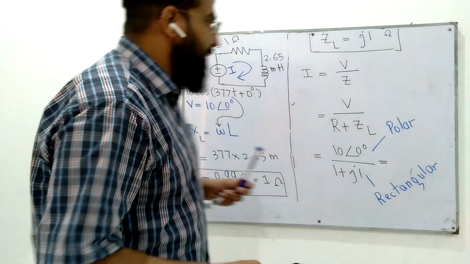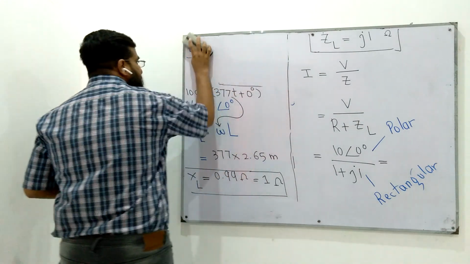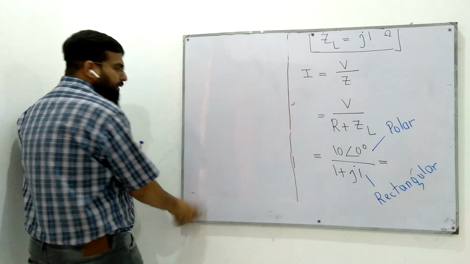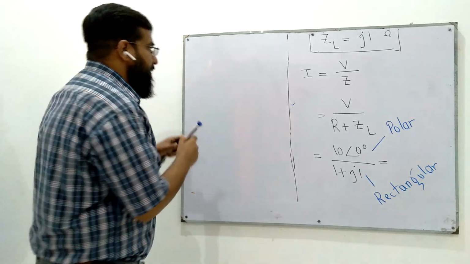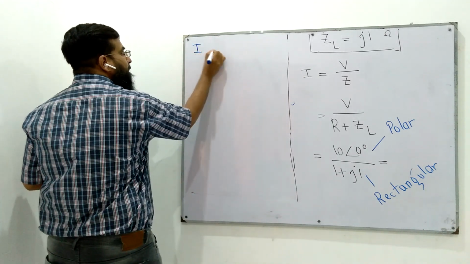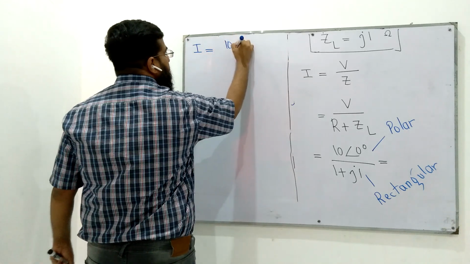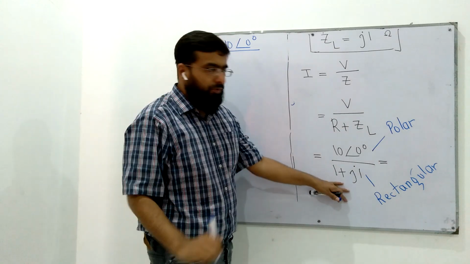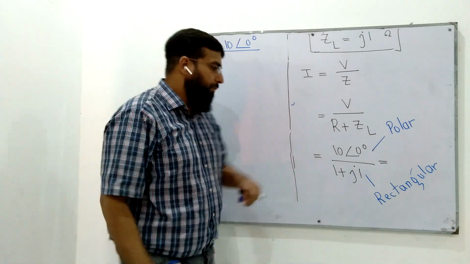We have already studied that to divide two numbers, they both have to be in polar form to make the calculation easier. So let's convert the denominator into polar form.